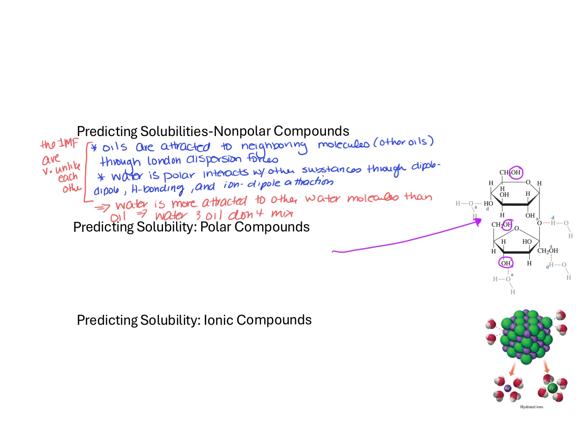And so we can look here, and there's lots of these OH groups on this sugar that can interact with water, right? So the OH groups on the sugar make it a polar compound.